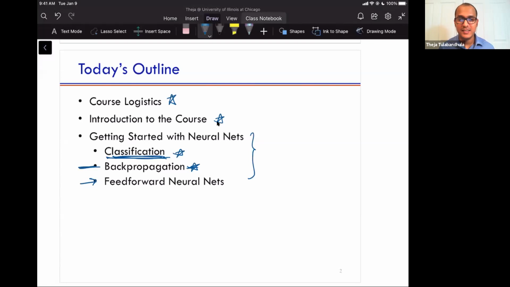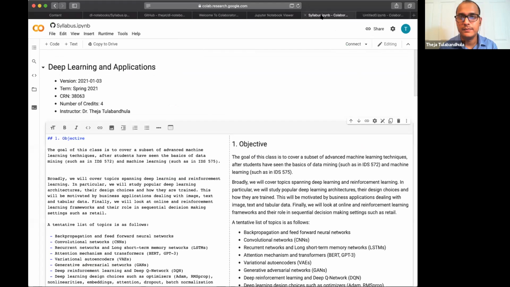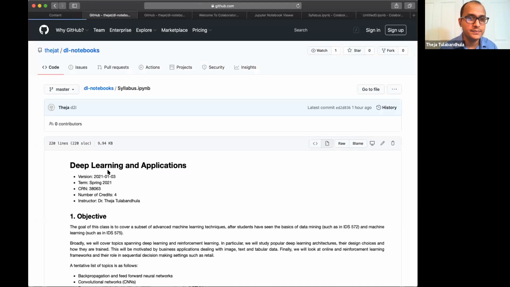But always tie it back, and you can always ask questions during the session, and I can try to relate it back to what you've seen before. These are the outlines, and I also had a quick page that I wanted to show. Let me go back here.